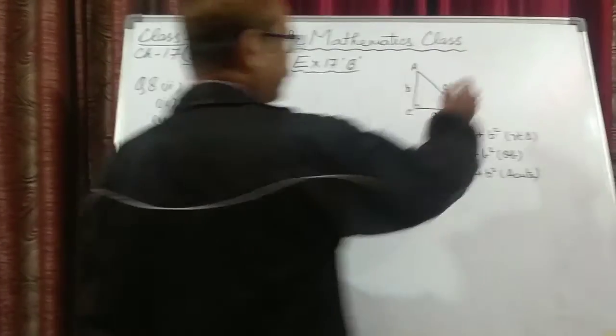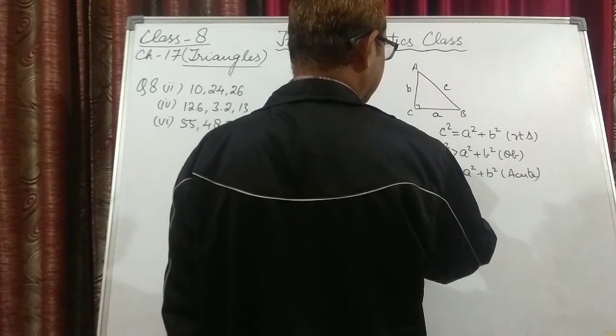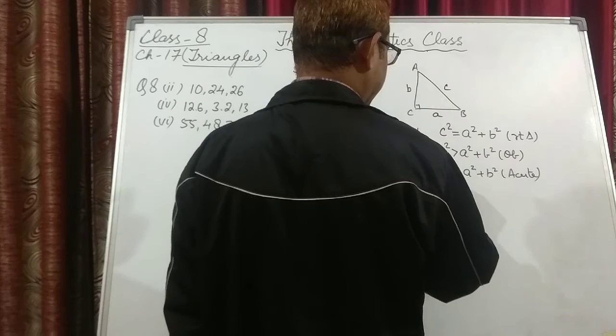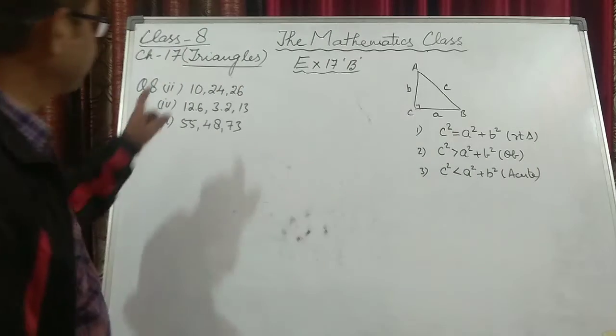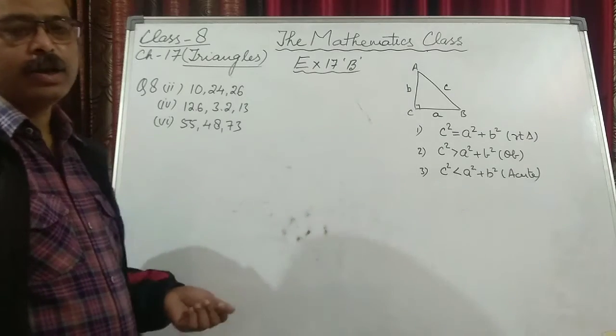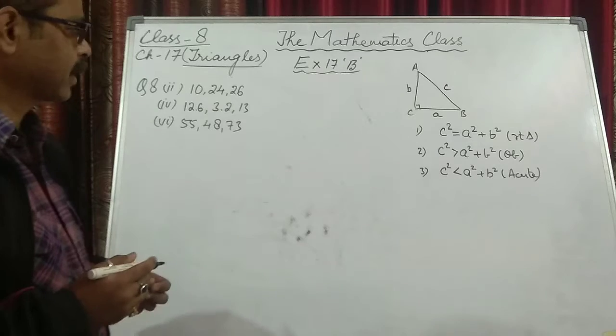So I hope this is clear. Part 1, part 2 and part 3. So we have to check whether these are right angle triangles, or obtuse or acute triangles.